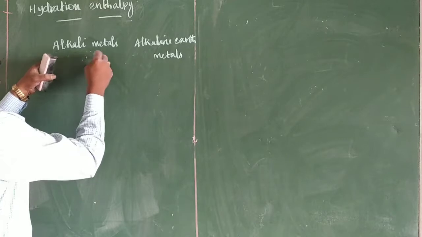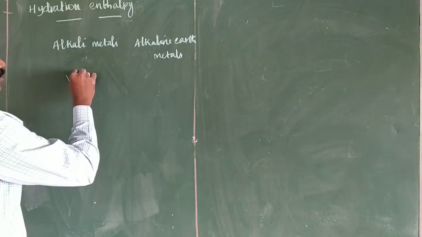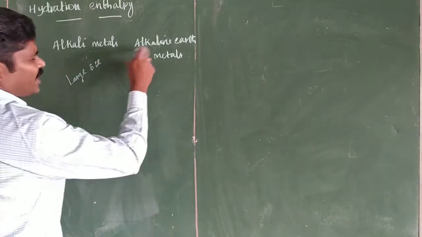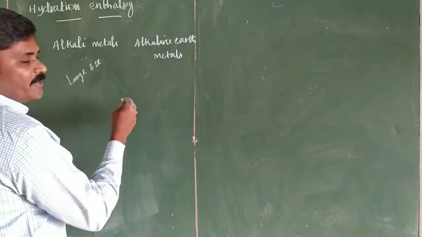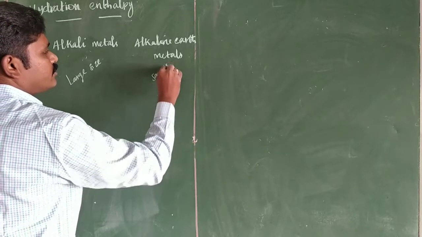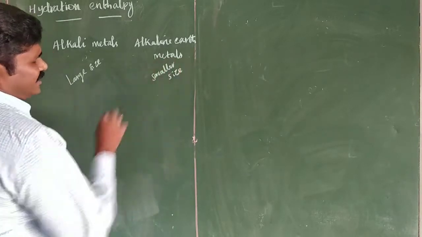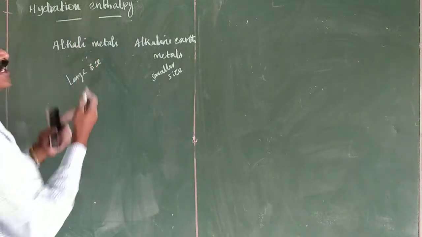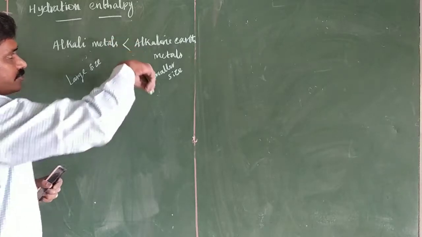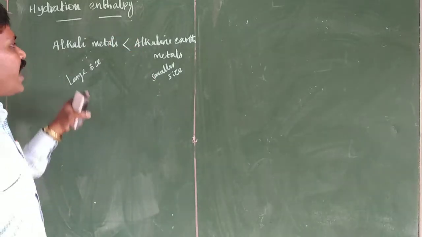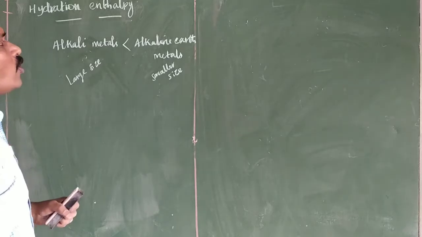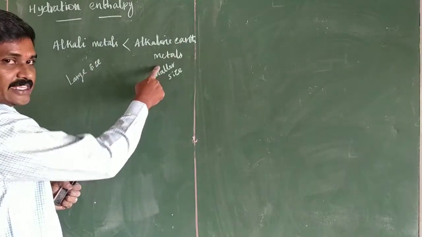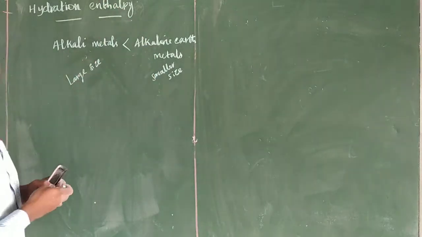Alkali metals have a large size, but alkaline earth metals are smaller compared to alkali metals. The smaller the size, the higher the hydration enthalpy. So the hydration enthalpy of alkaline earth metals is higher than that of alkali metals.